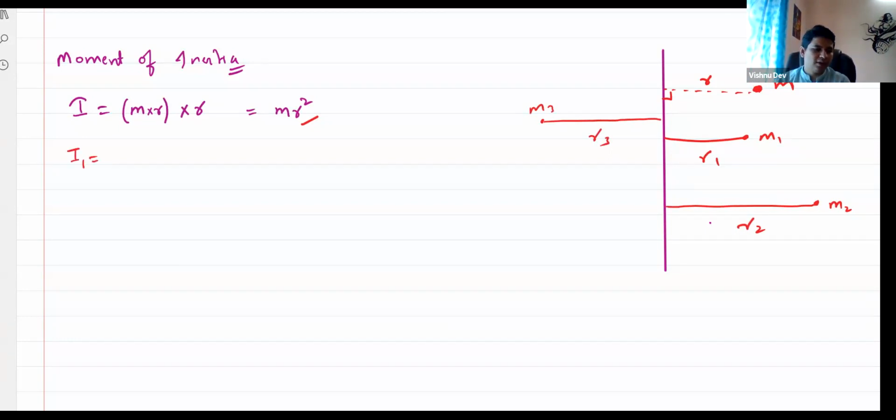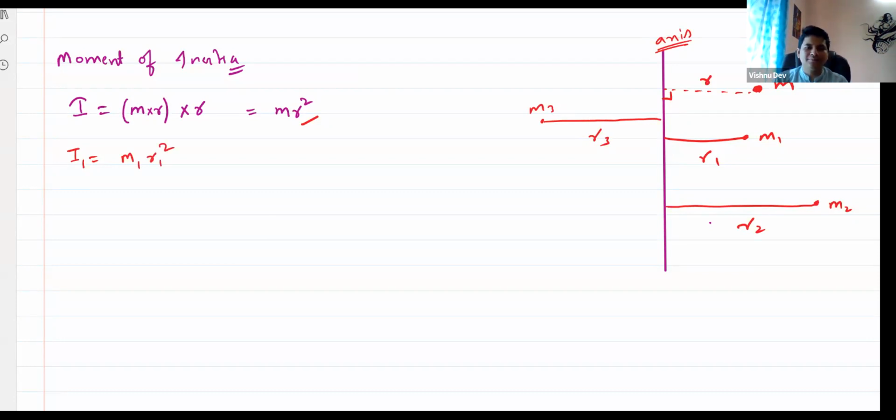So tell me, what is the moment of inertia of mass m1 with respect to this axis? Very good. It is mass into distance squared, so m1 r1 squared. Yes or no?